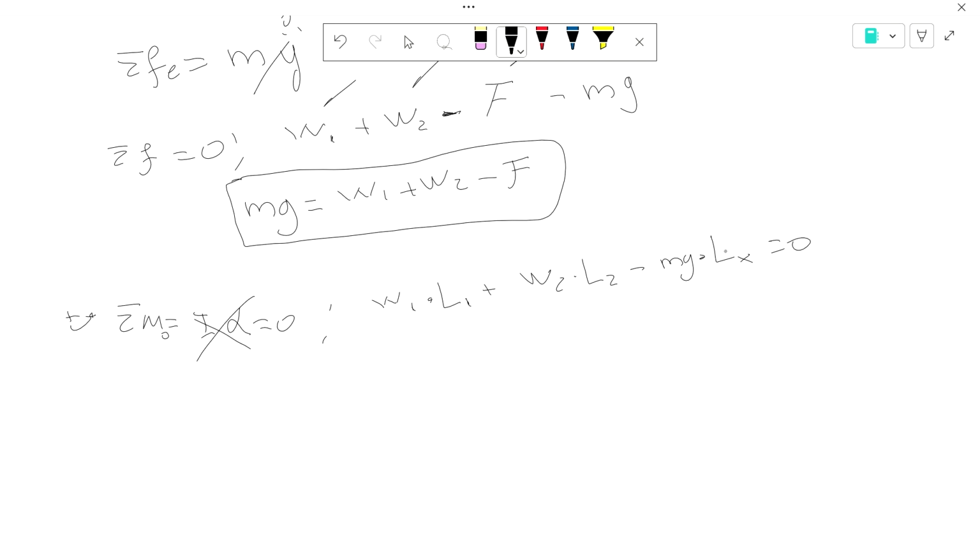And actually, if you didn't have that scale or the sensors, you can go ahead and do W1 L1 plus W2 L2 minus (W1 plus W2 minus F) times Lx is equal to 0.